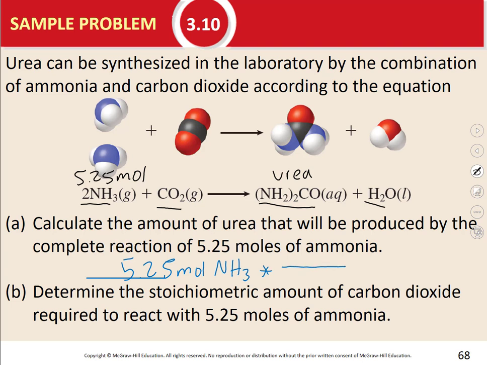So in my molar ratio, what's going to go on the bottom? Ammonia, right? NH3. What you have drops to the bottom so that it can do what? Cancel. How do I know what number goes in front of it? Balanced equation. So what number goes in front of it? A 2. What goes in the top?